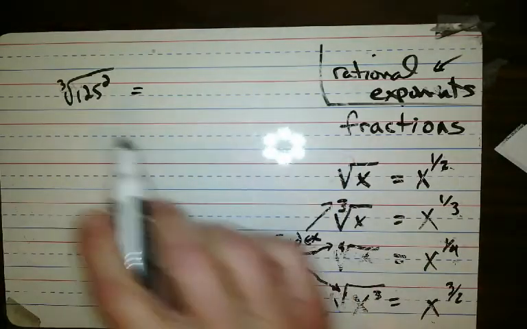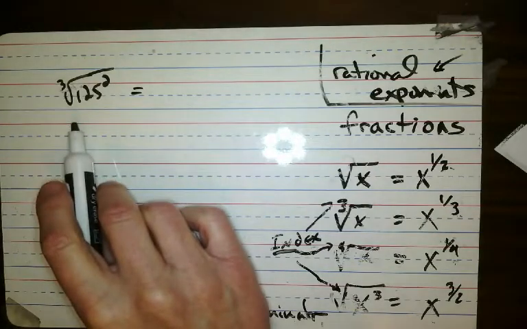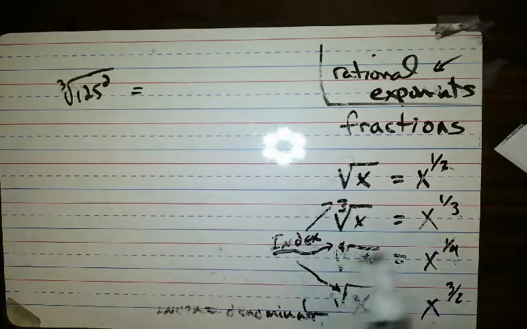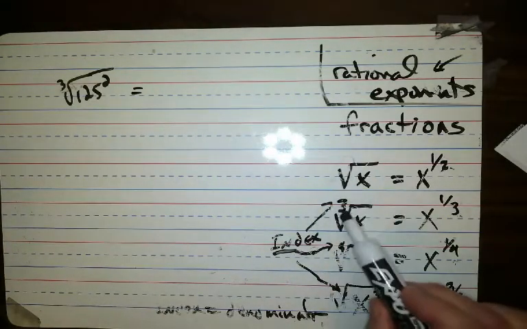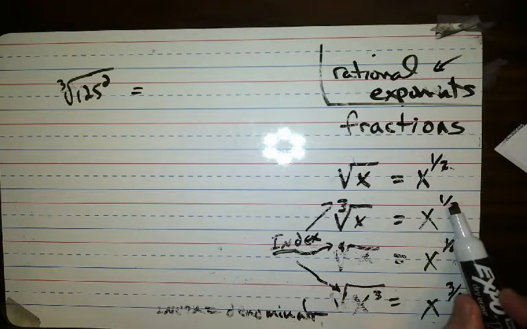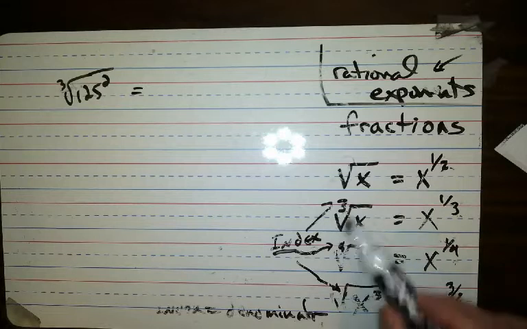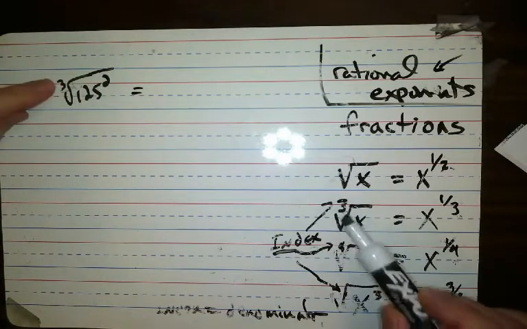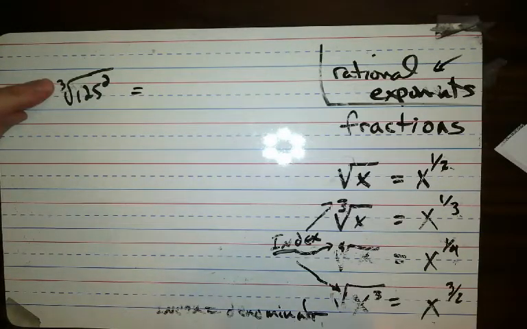To make that into a fraction exponent, we have to remember that the cube root is the same thing as the 1/3 power, right? The index, the number that's outside, this number right here, is always the denominator. The index is the denominator.